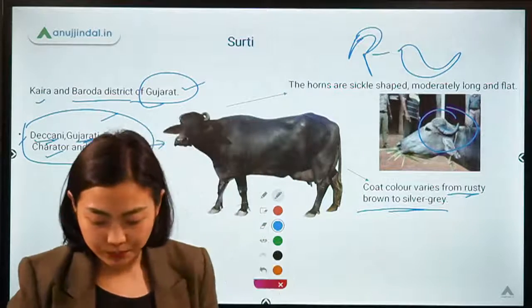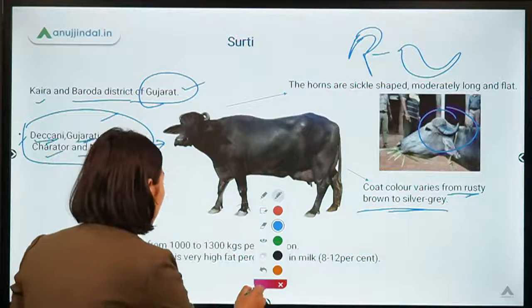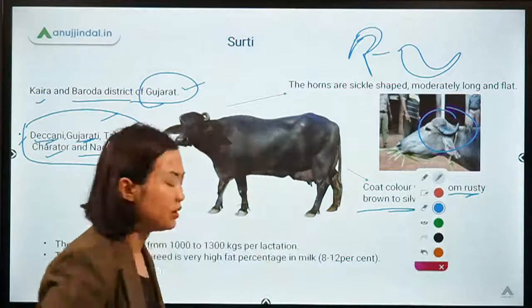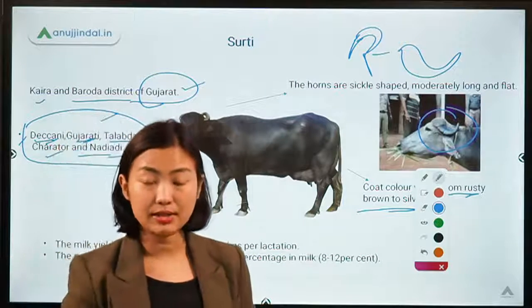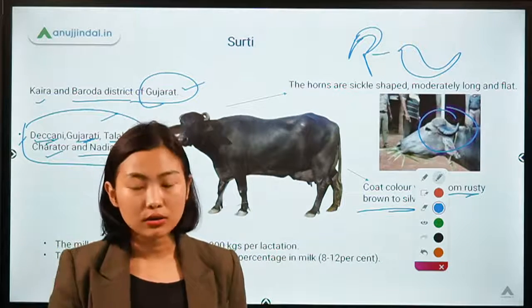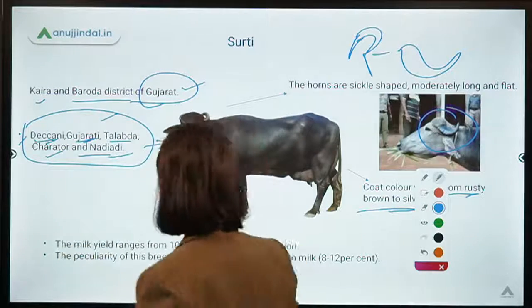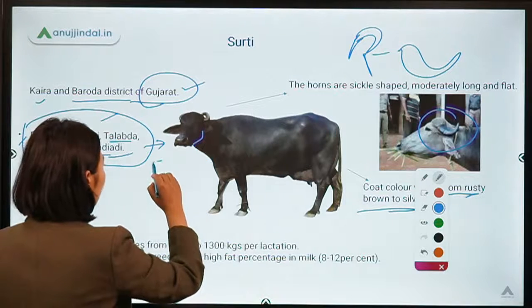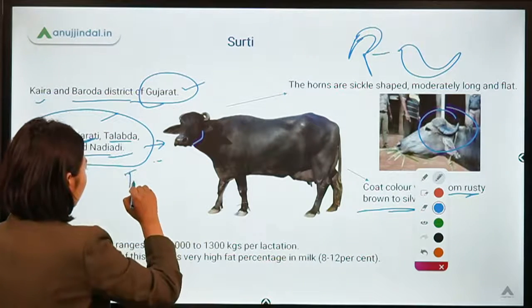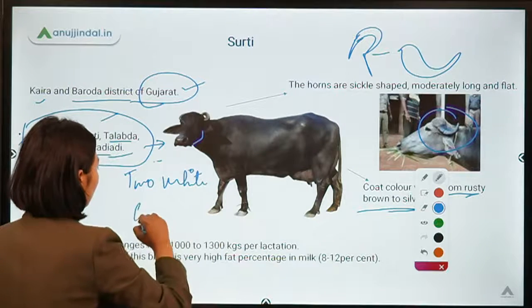Another peculiar characteristic that I would like to highlight here is that they have two white collars around the jaw and one around the brisket. So when we're talking about the jawline around this area, they have two white collars.